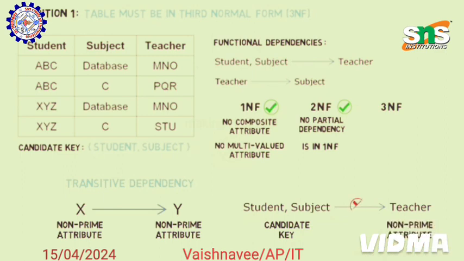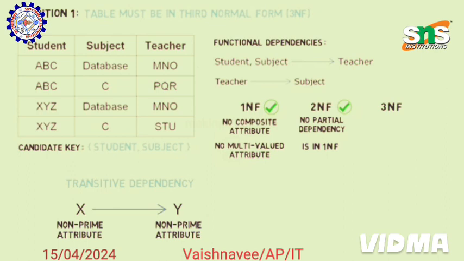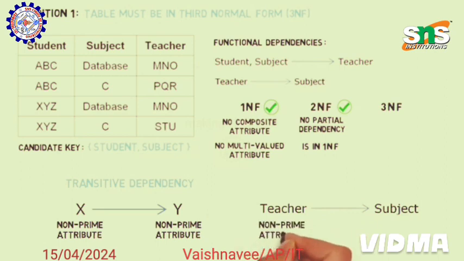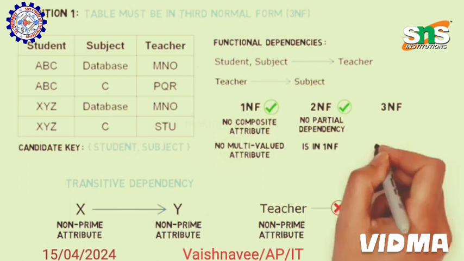Now for the third normal form, we need to check if there is any transitive dependency present in the table. In simple terms, a functional dependency is transitive if a non-prime attribute determines another non-prime attribute. So let us check if the functional dependencies of this table are transitive or not. First dependency is student and subject determine teacher. So a candidate key determines a non-prime attribute; this dependency cannot be transitive.